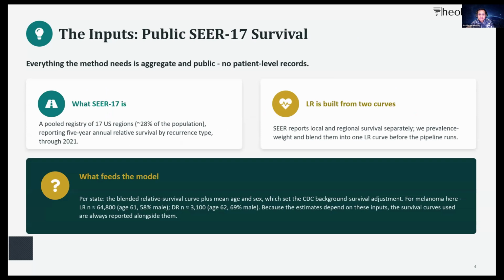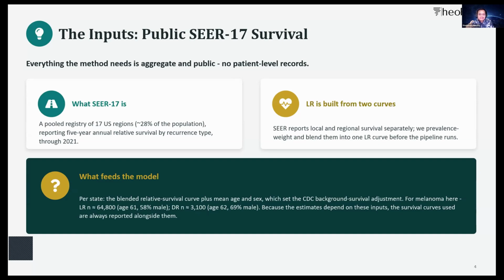So what is the input? For this example, we have taken the SEER data, a publicly available data set from the US. It has 17 regions, covering about a quarter of the population, and reports 5-year relative survival broken down by cancer stage: local, regional, distant.